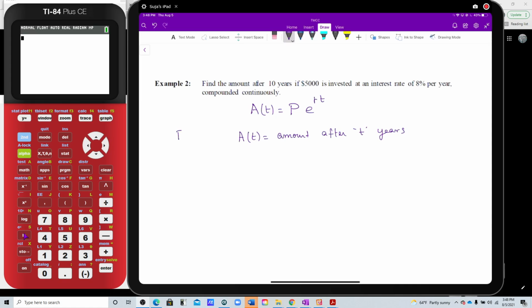Sometimes we call this the final amount. And P is the principal, or we call this the initial amount.